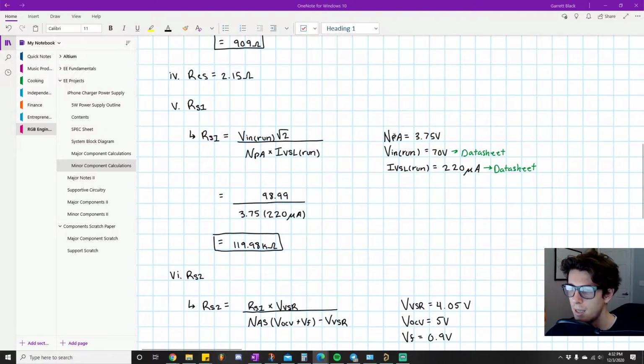NPA is equal to 3.75. I don't know why I put volts here, because that's not a voltage. It's a winding ratio, the primary to auxiliary winding ratio.